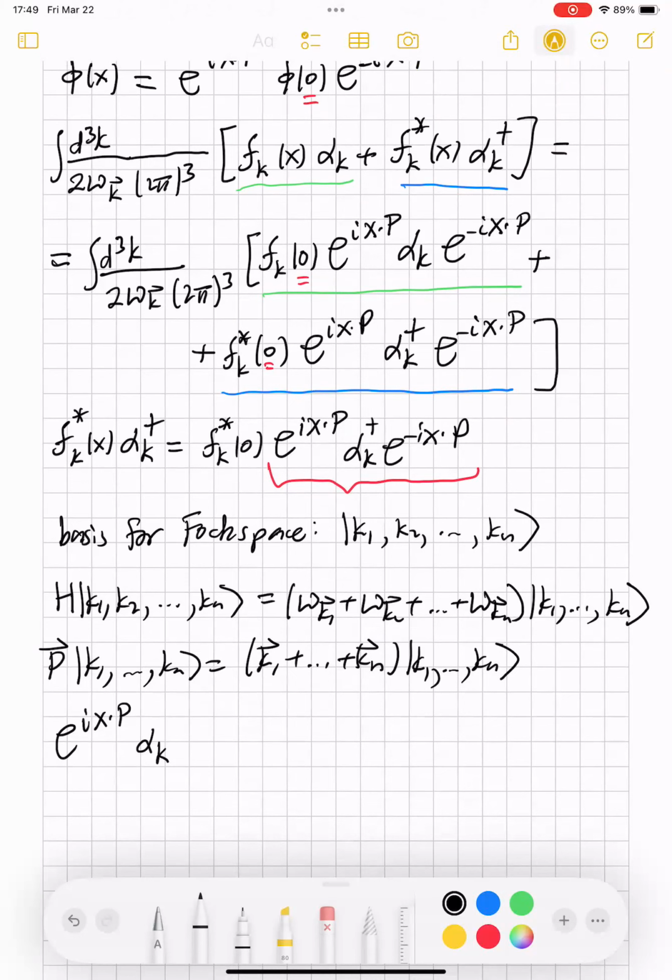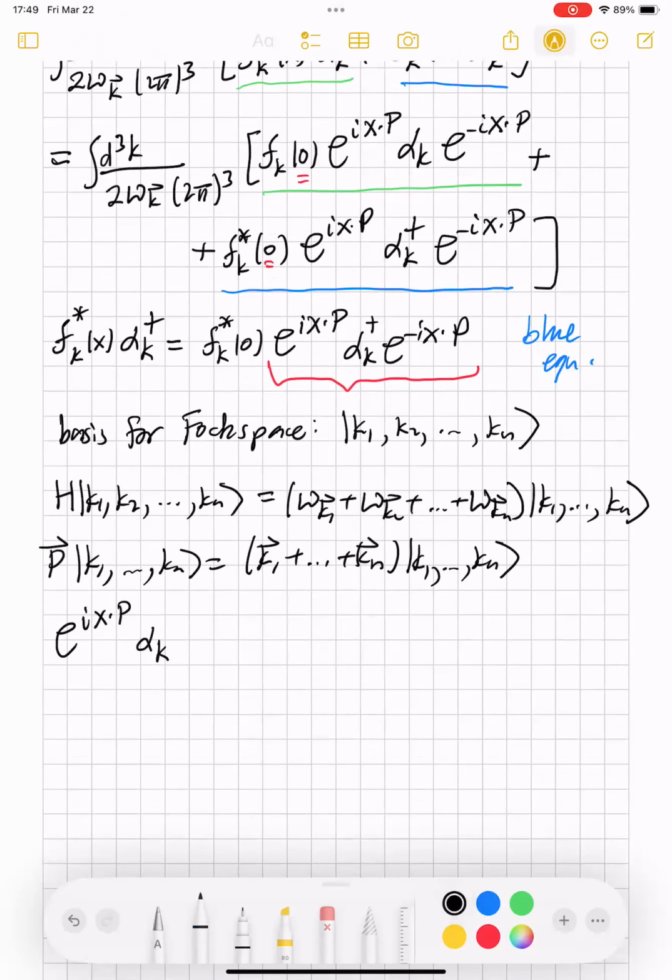And that is the equation I want to consider. So this is the blue underlined equation. Let's call this the blue equation. That's the one I want to study: alpha k dagger e to the minus I x dot p. I'm going to act on an arbitrary state inside this basis. So n could be anything. The momenta could be anything. Okay, we'll continue in a moment.